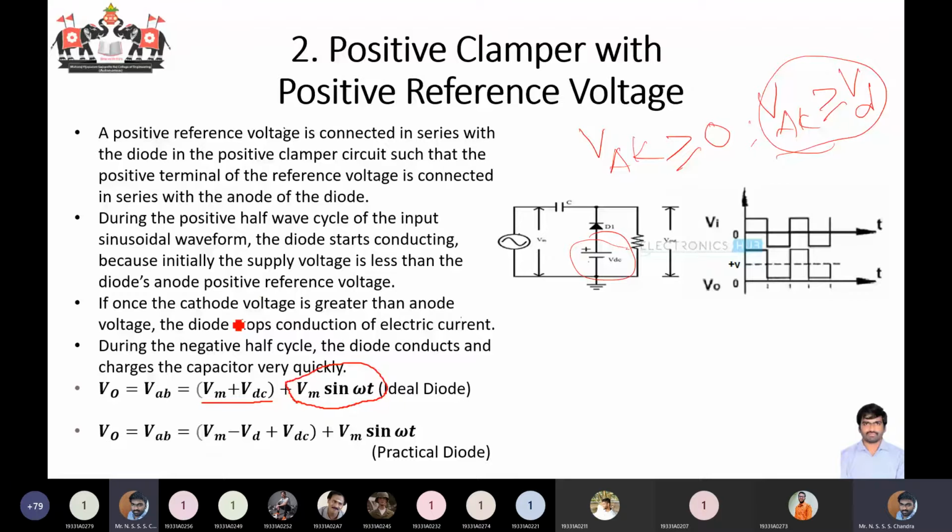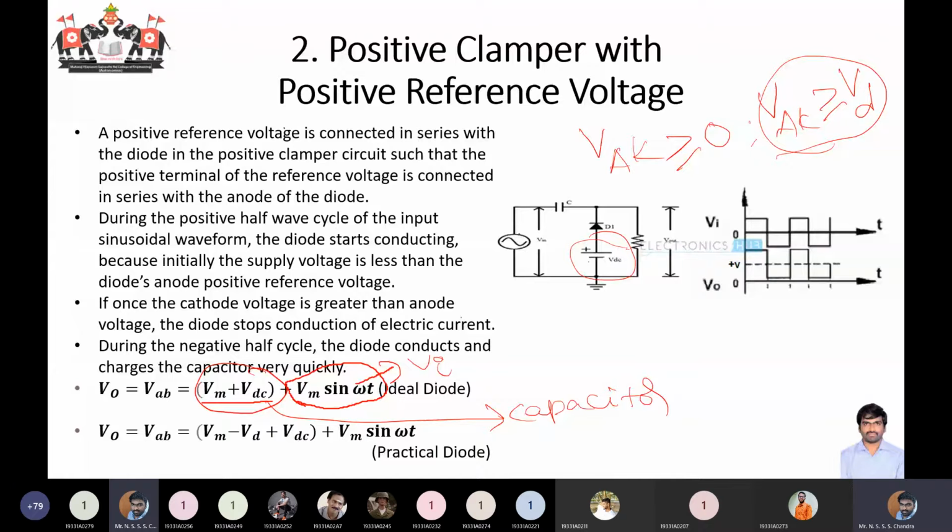This Vm sin omega t is contributed by the input supply, whereas this portion is supplied by the capacitor. Okay, so the capacitor will now be charged to a value of Vm plus VDC. That's why you are getting the output voltage raised by Vm plus VDC volts.